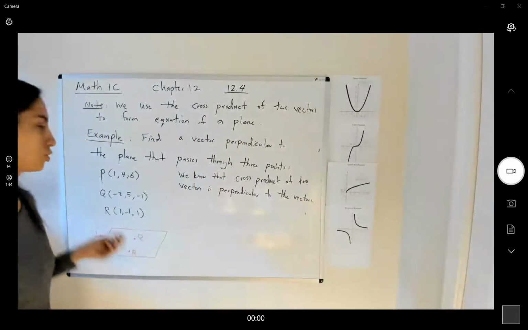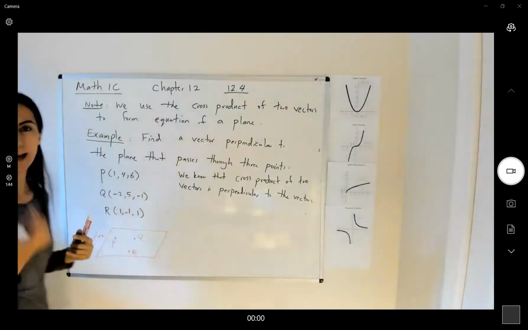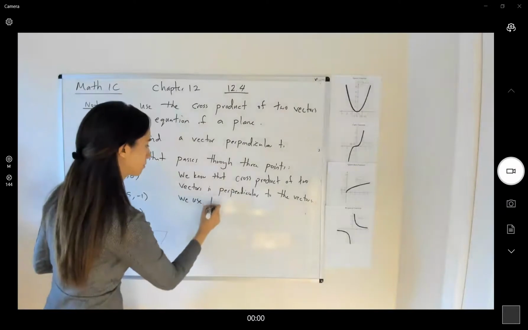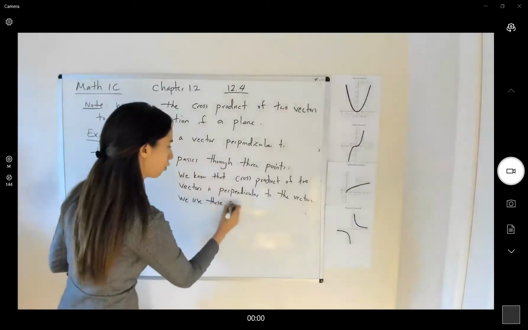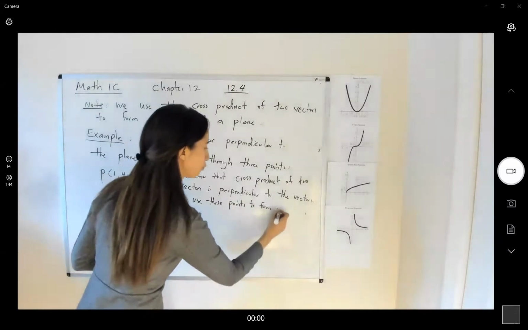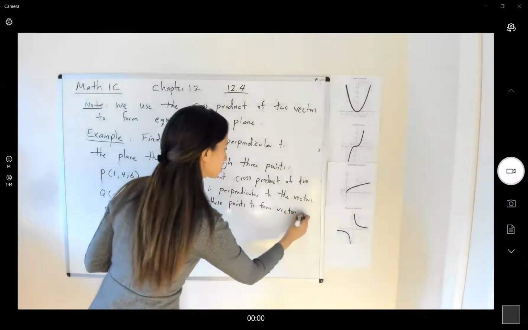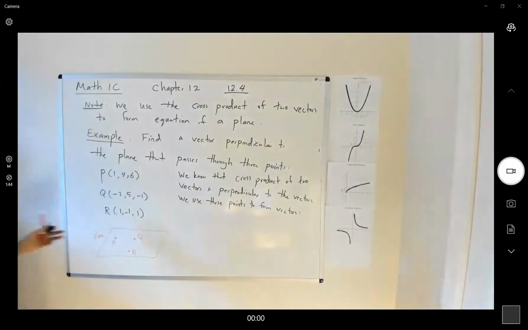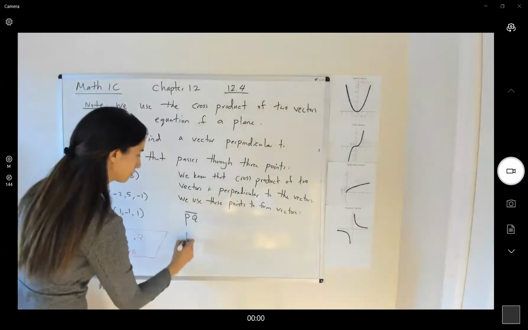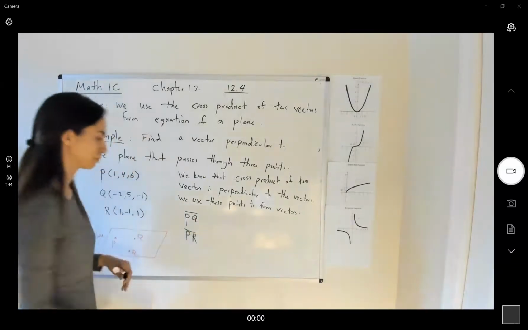So what I'm going to do, I'm going to take these points and form two vectors. We use these points to form vectors. So, for example, let us form the vectors PQ and PR.